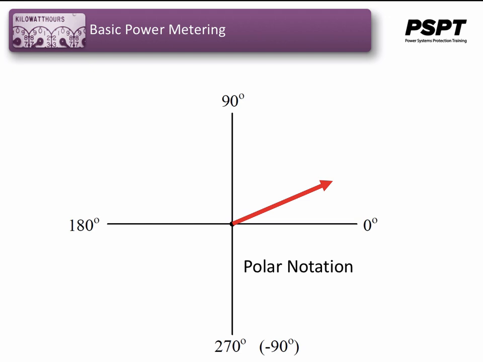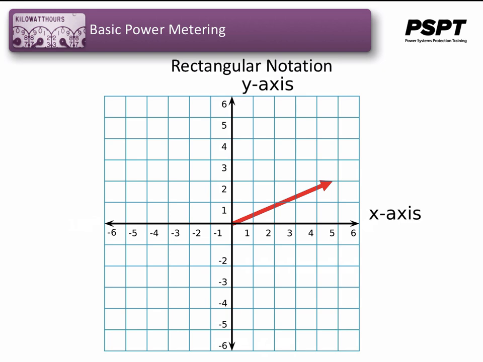So we have seen that a phasor can be described in one of two ways. You can either use polar notation on a polar plane, such as we see here, or we can use rectangular notation, as you can see here.